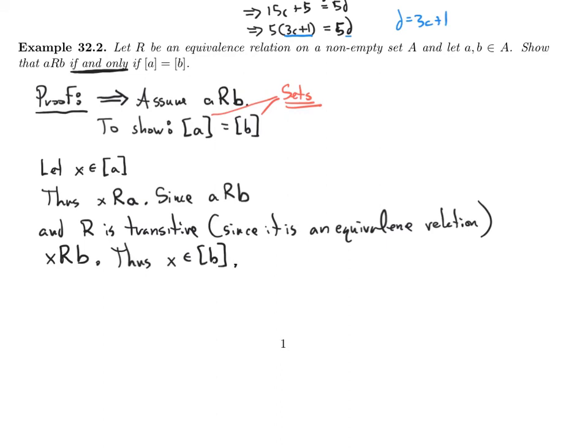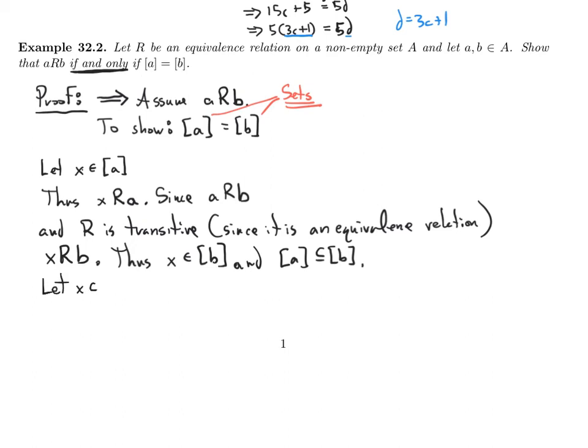So it means that the equivalence class of A is a subset of the equivalence class of B, because we picked an arbitrary element in the equivalence class of A, showed it was in B, so it's a subset. Great. Now, let's do the other direction.